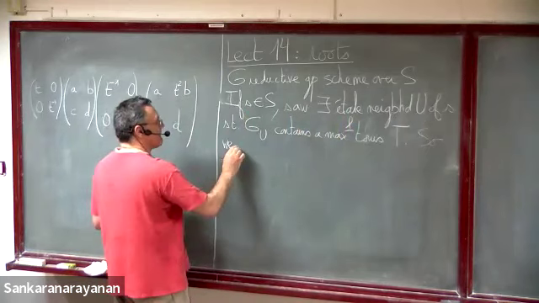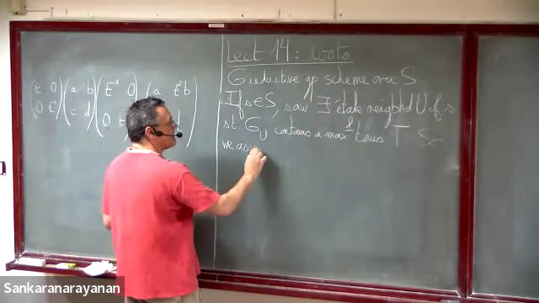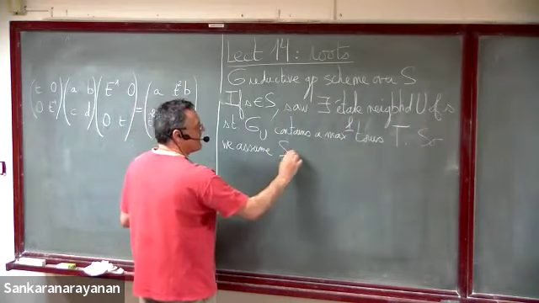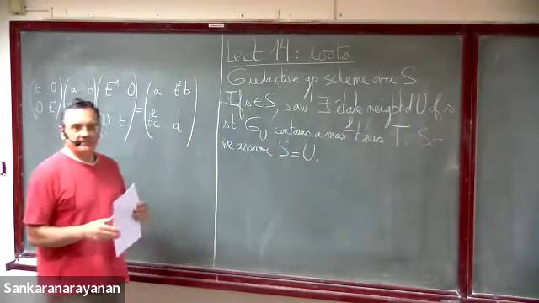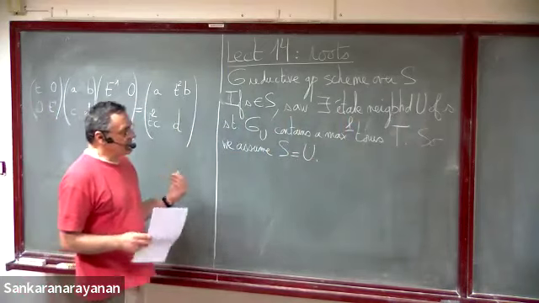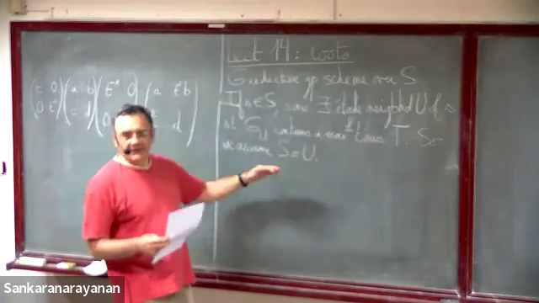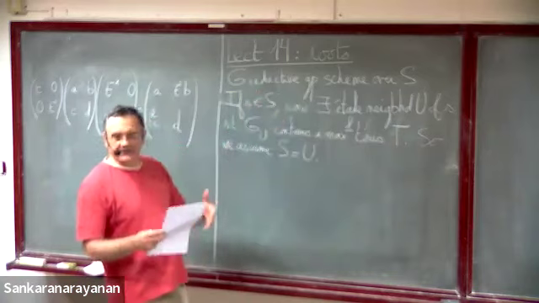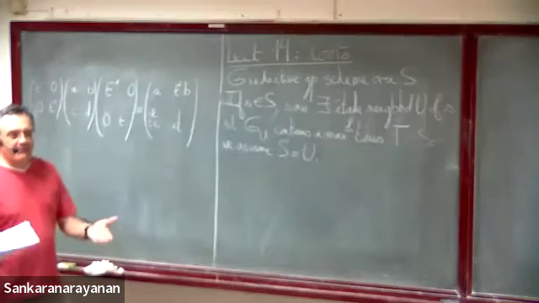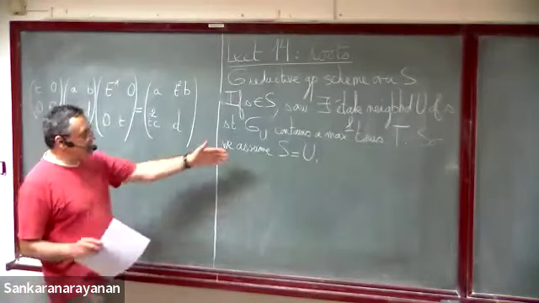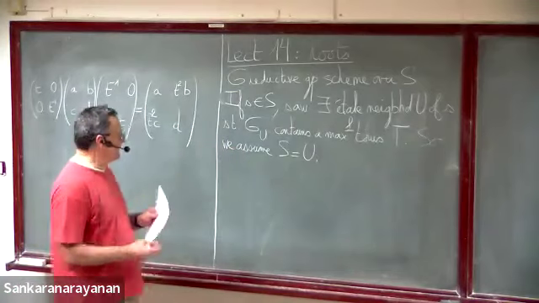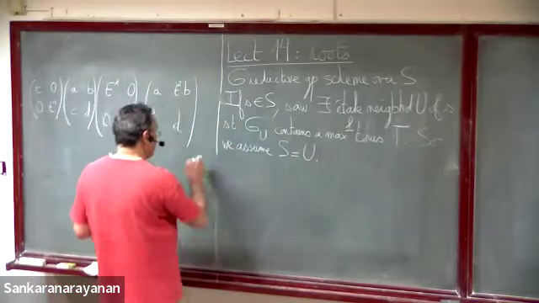Okay, so we assume S is equal to U. We assume that there exists a maximal torus which exists over S. And I just recall that this is not a very big constraint because we know that this is the case étale locally.